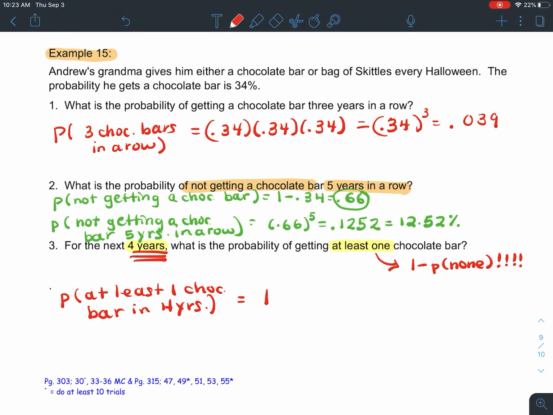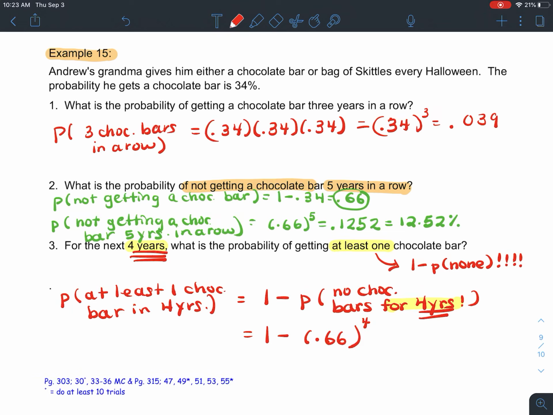So we want the probability of at least 1 chocolate bar in 4 years. Okay, so that means I need to do 1 minus the probability that he's gotten not just no chocolate bars, but no chocolate bars for 4 years. Okay, remember when we were talking about doing this multiple years in a row, that's when we had to get an exponent there, 3 years in a row, 5 years in a row, 4 years in a row, no chocolate bars.